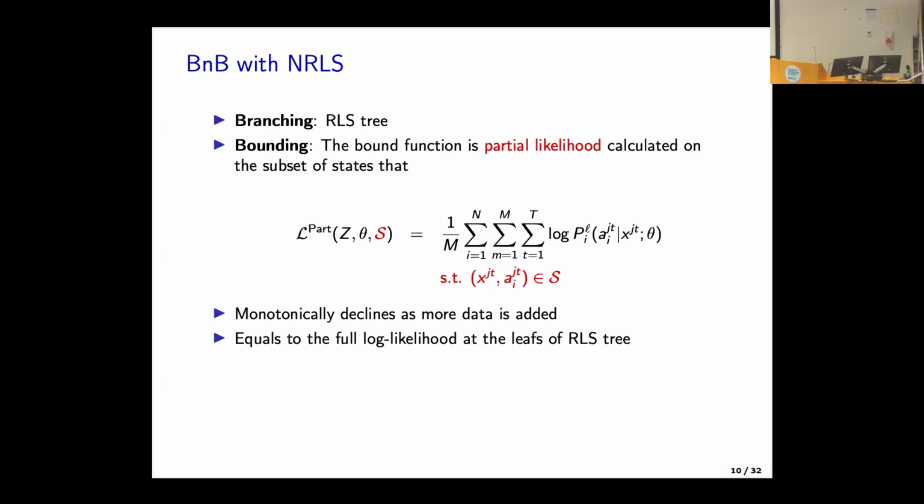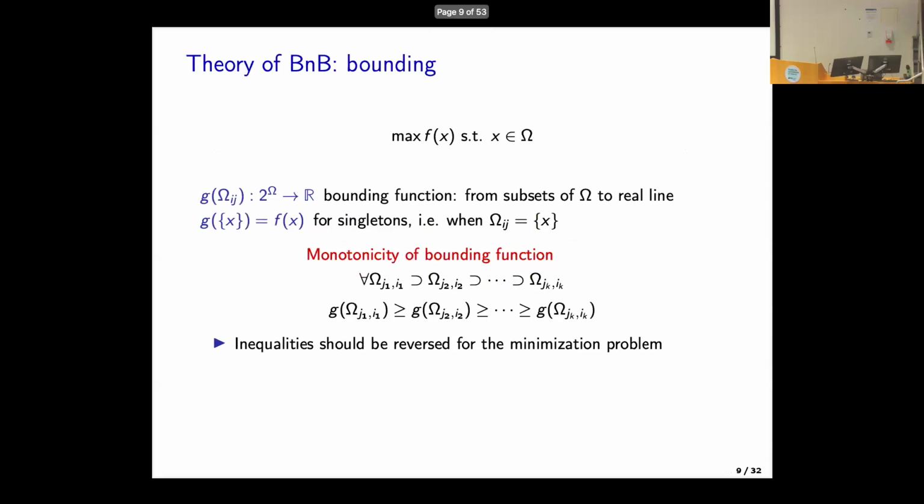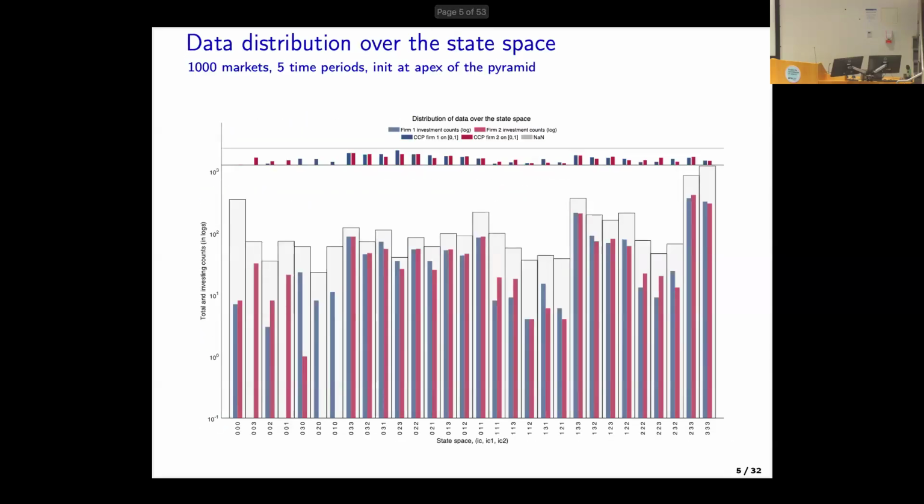How does it apply to our problem? We already have a tree. That's the RLS tree, the tree that we traverse to calculate all possible MPE equilibria. The bounding function is the following. Imagine that I calculate the likelihood not of all the data, but only of the data where I have solved the problem. So think of this picture. This is where I start solving for equilibria.